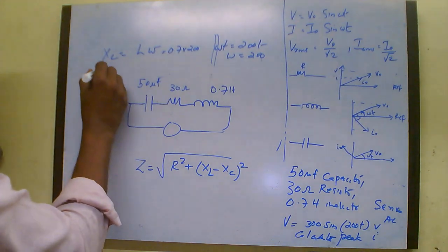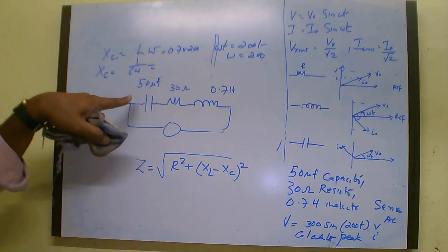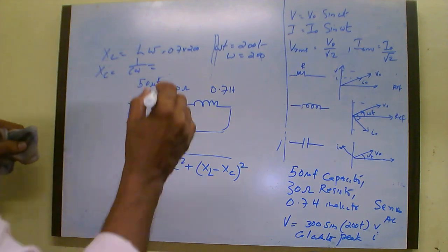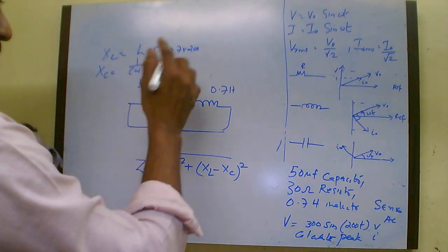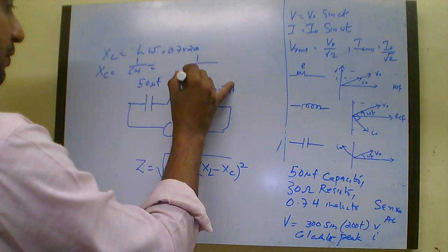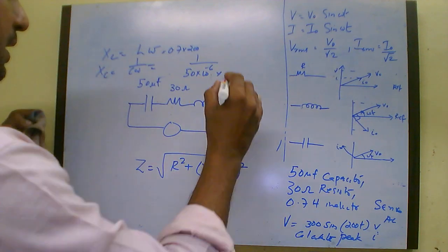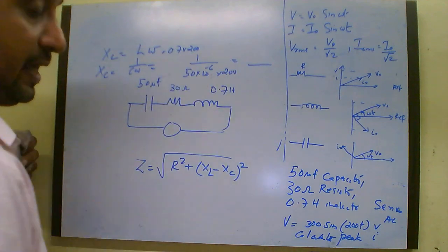Similarly, the XC value will be equal to 1 by C omega. How much is C? C is 150 microfarad. So it will be 1 by 150 times 10 raised to minus 6 times omega, which is 200. So this much will be the value of XC.